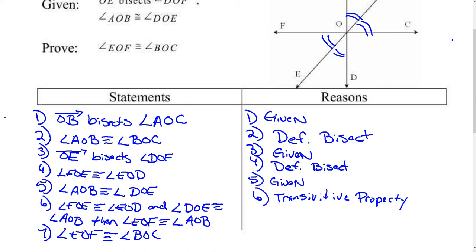And so what am I doing to this one? Okay, so EOF right here, I have EOF from this statement right here. It is congruent to AOB, but AOB over here is also congruent to BOC. So I'm replacing AOB with BOC. So that's where I have this. So this one is going to be a substitution.